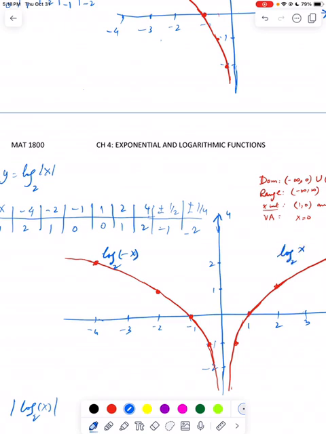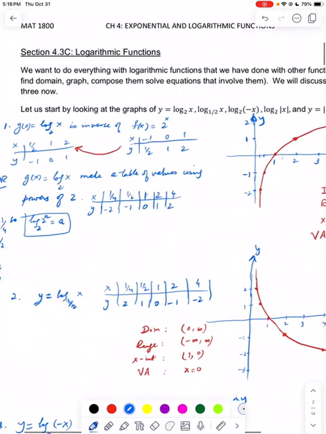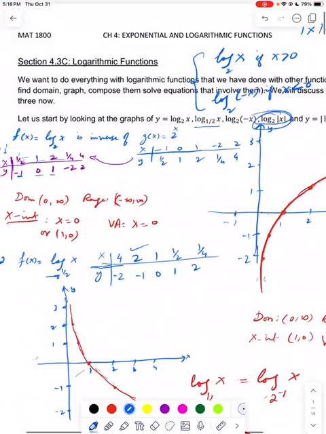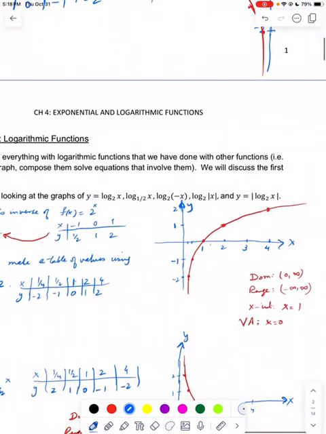Okay, the last on this page was the absolute value of log of x base 2. So there is a difference between this one and this one. So what happens here? The absolute value, what it does, is that we cannot have a negative output now. So any output will be positive.